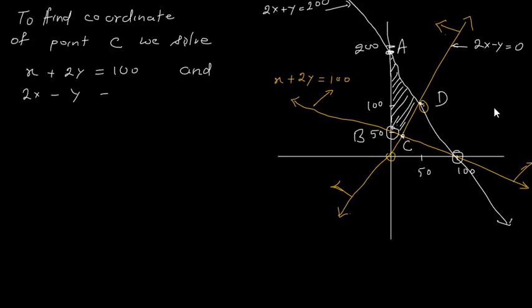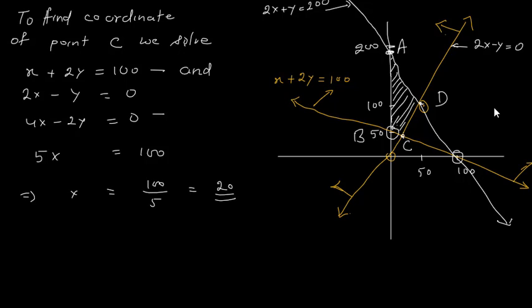Okay, so for this we multiply this equation by 2. So I will get 4x minus 2y is 0, and then I add this equation and this equation. So x plus 4x is 5x. I get 5x is equal to 100. This gives me the value of x as 100 divided by 5 is equal to 20.